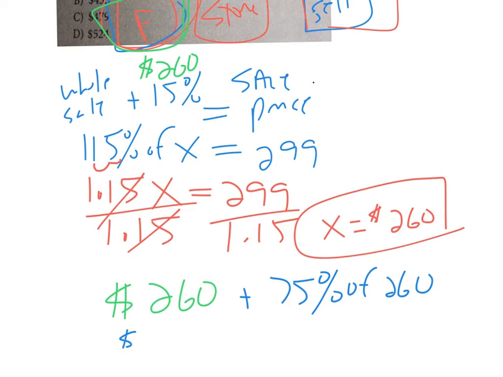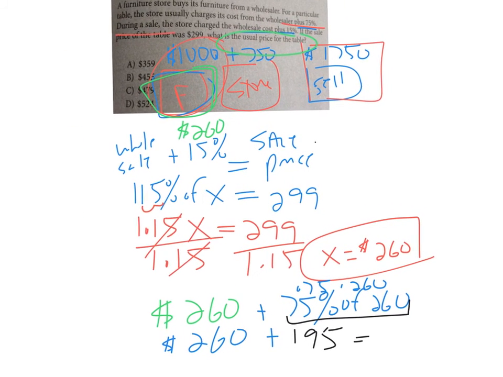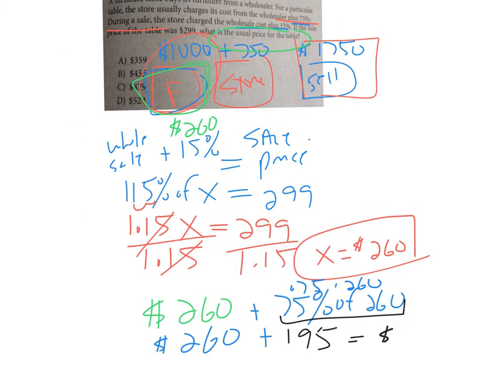What do they normally charge for this table? It's 260 plus 75% of 260. So 0.75 times 260. If you do this on your calculator, you get 195. So if you do 260 plus 195, that's how much they would normally sell the table.